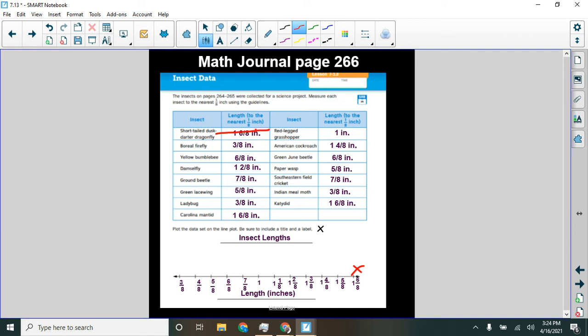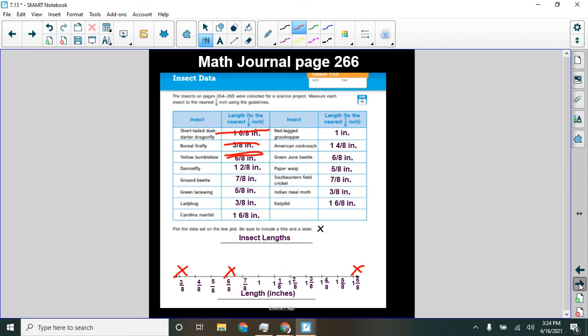If you don't, most of the time you skip one or you do one twice. This is your check. Boreal firefly. Boom. Then yellow bumblebee, 6/8. All right. I've got to cross it off. You keep going and do the rest of these and put them all in your line plot. You're going to need this in a minute.